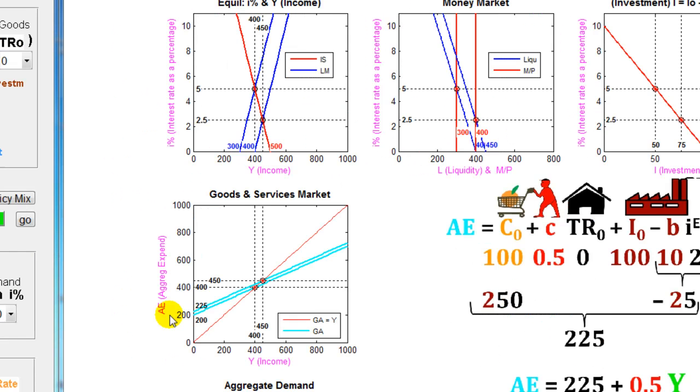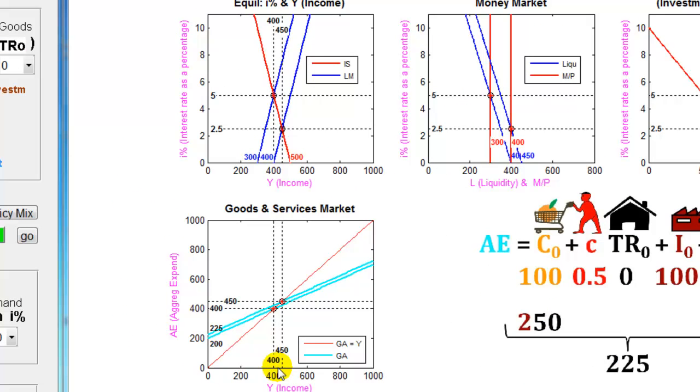and as a consequence the income, which is equal to aggregate expenditure, because the goods and services market is in equilibrium, is 450. It is not a coincidence that this is 450 and this is also 450. Why so?